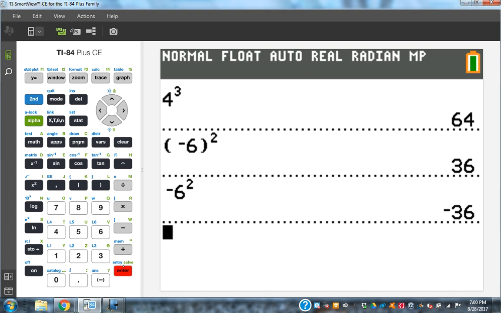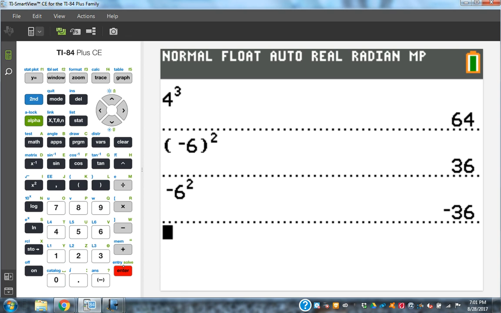The way the calculator reads that is perfect order of operations. It says, oh, the exponent was on the 6. So it did exponents first and did 6 times 6 is 36. And then it said, oh, then it's multiplying by a negative, and it got -36. So it does the order of operations perfectly the way it's supposed to be done.